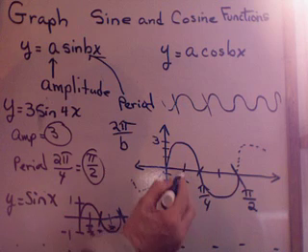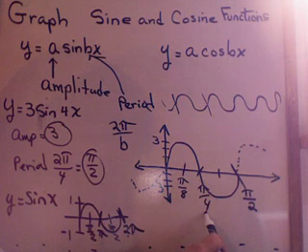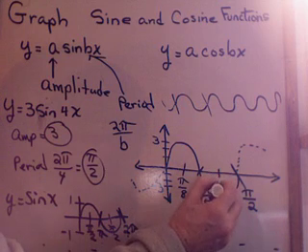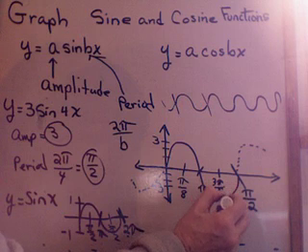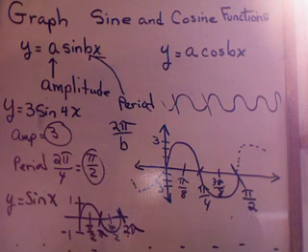And then I count 1 pi over 8, 2 pi over 8, which reduces to pi over 4. This one is 3 pi over 8. This would be 4 pi over 8, which reduces to pi over 2. So it's really a nice, easy counting once you figure out where your end point is.